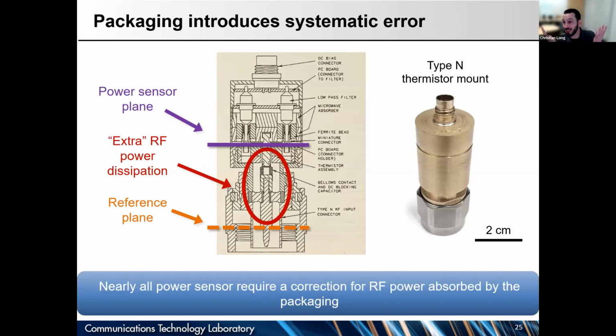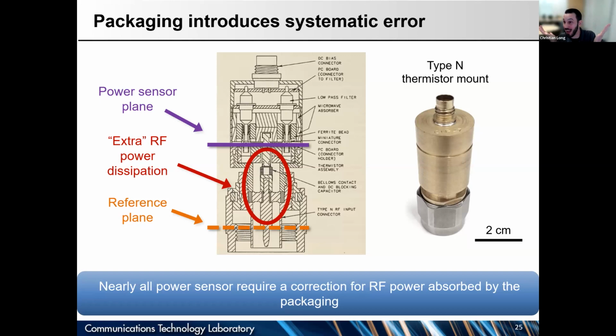So one thing all of these kinds of power sensors have in common is that they're typically in a metal package. So even if you had a perfect power sensor located at some reference plane inside of a device, you'd have metal that connected that power sensor to a coaxial or waveguide connector, and that metal has losses associated with it.